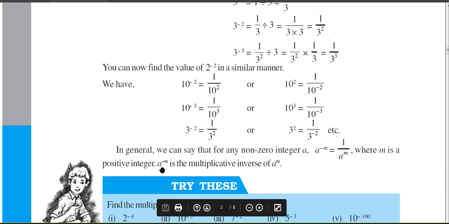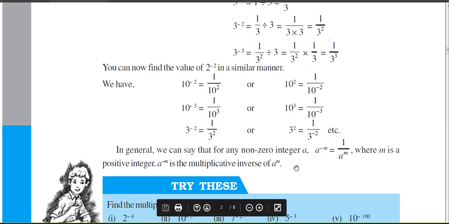So A raised to the power minus m is the multiplicative inverse of A raised to the power m. Why is it so? Because when you multiply A raised to the power minus m by A raised to the power m, you will get 1. That is the rule for multiplicative inverse.